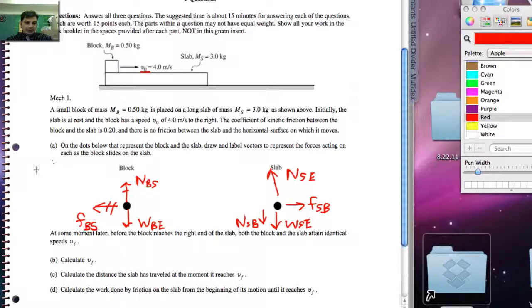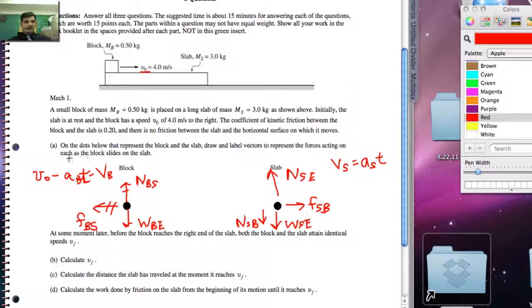The equation that describes the motion of the block is v naught minus a of the block times t equals v of the block. For the slab, it's the friction that accelerates it, so we have v of the slab equals a of the slab times t. Now let's do a little math.